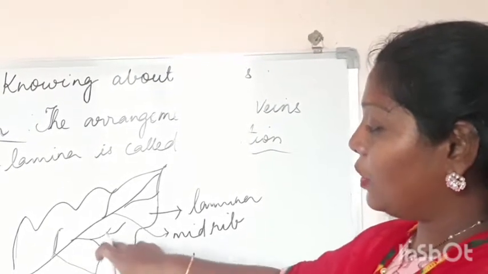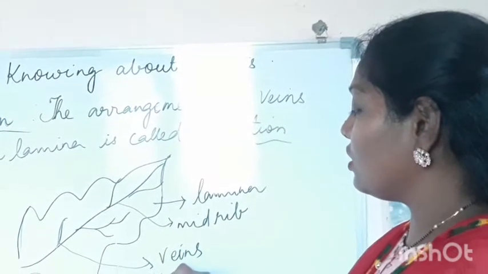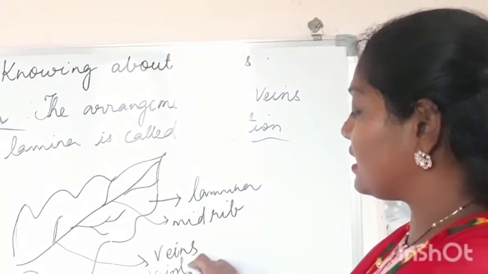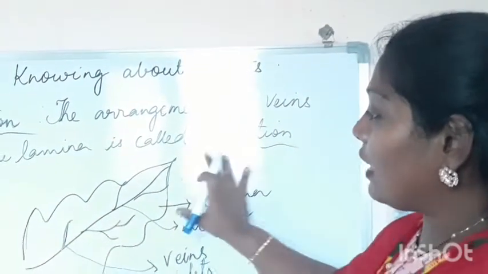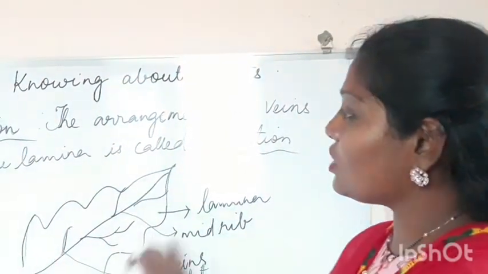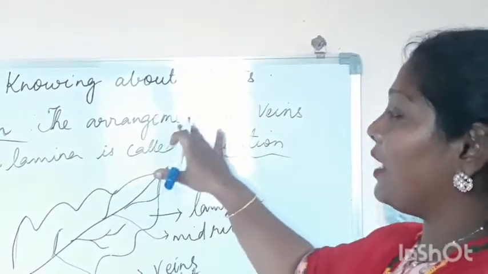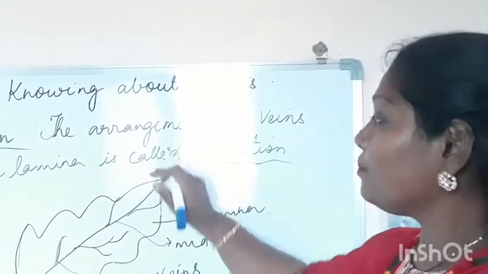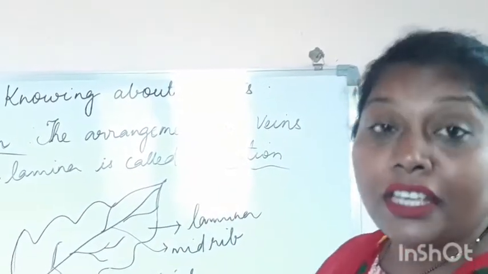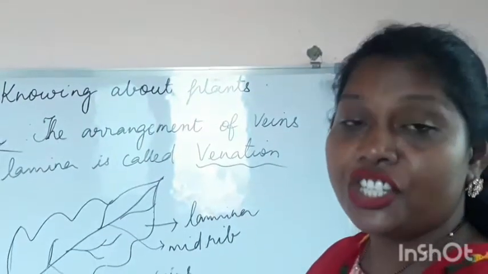From the vein, if you get other thread-like structures, these are called veinlets. What are they called, children? Veinlets. So whenever we study the veins, the arrangement of veins in the lamina is called venation. What is it called, children? Venation. Okay.